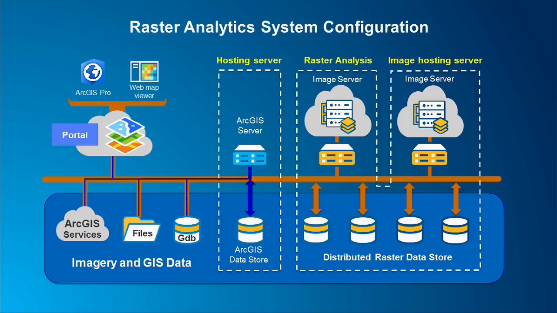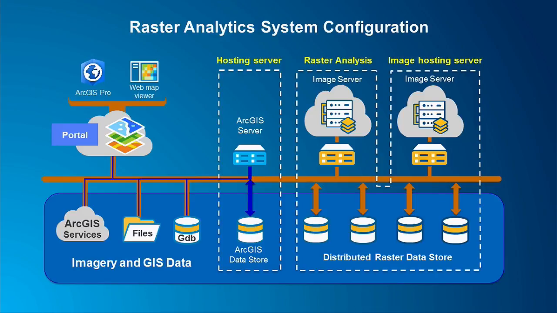If you have a single image server that federates to your enterprise GIS and you assign the raster analysis role to it, when you perform distributed raster analysis, all the result imagery will be published as image services on the image server that has the raster analysis role, if you don't have an image hosting image server in your enterprise GIS. Another very important element of this configuration is that you have to have a distributed raster data store configured and registered to the raster analysis image server, and optionally the image hosting server.